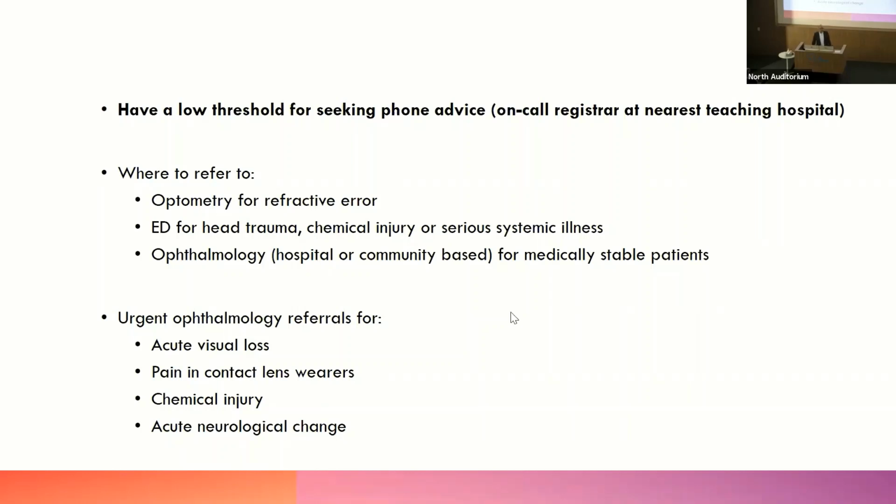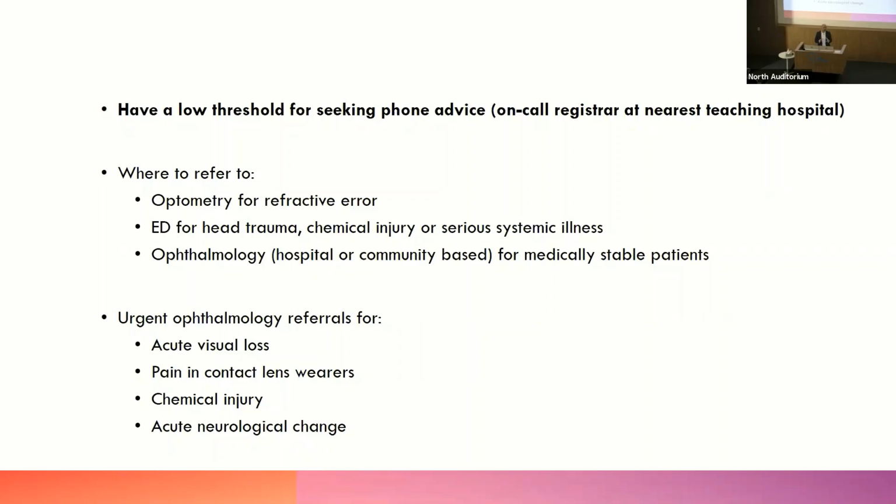Urgent referrals, obviously acute visual loss, pretty much any pain, potentially, but definitely in contact lens wearers. The issue with contact lenses is that the infections tend to be really aggressive to the point where some bacteria can essentially chew through the cornea in a day, in 24 hours.